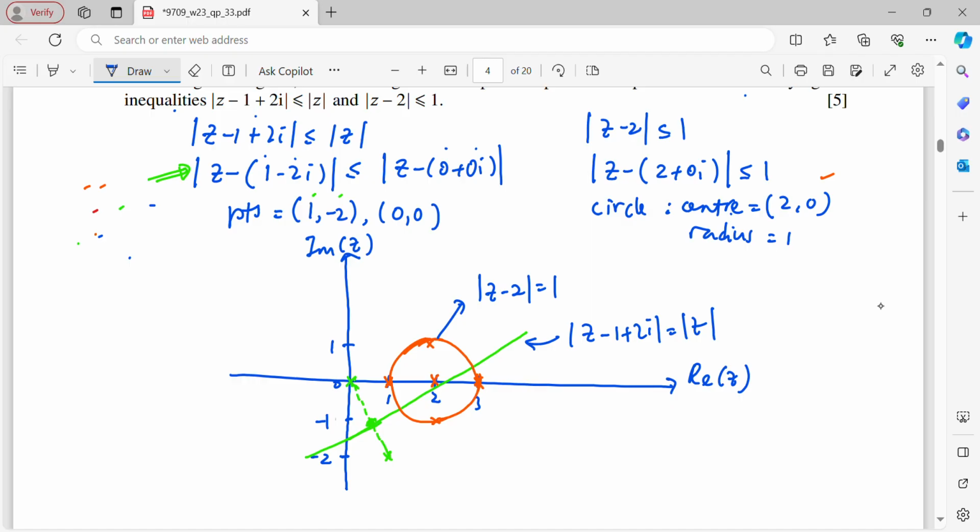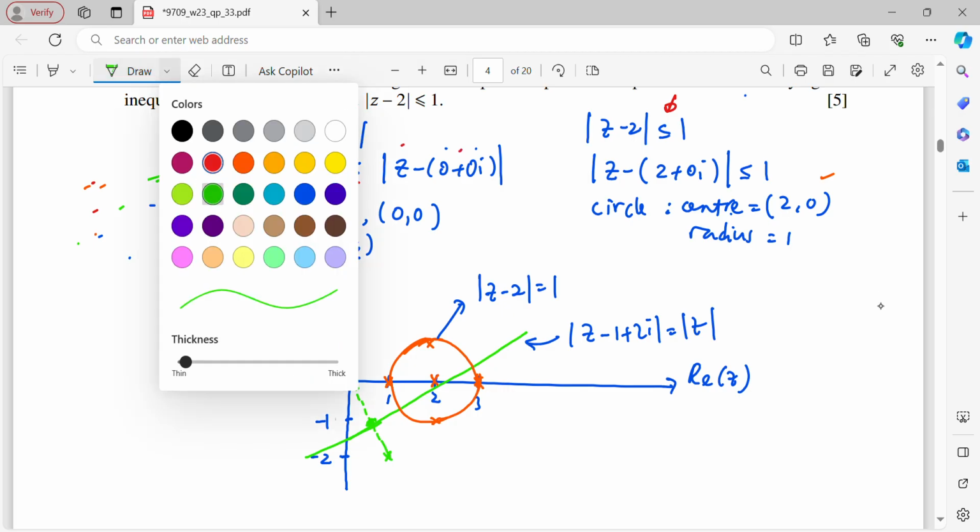Okay, so now I have to decide where is my region. So obviously, less than or equal to means that it will be all the points inside the circle. Then for the first inequality, this means the distance from a general point to 1, negative 2 is less than or equal to the distance from the general point to the origin. So let's say my point is here.